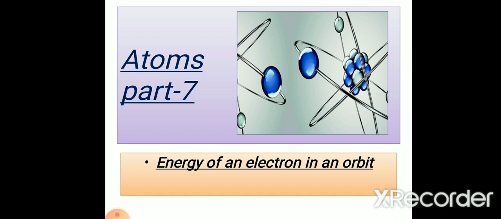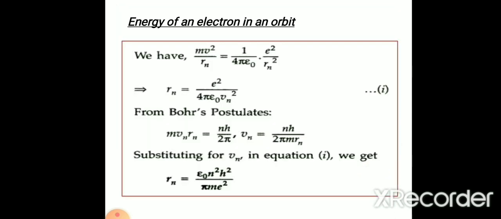In this module, we are going to learn about the energy of an electron in an orbit. We have seen that in Bohr's model of atom, an electron is revolving around the nucleus in specified orbits.